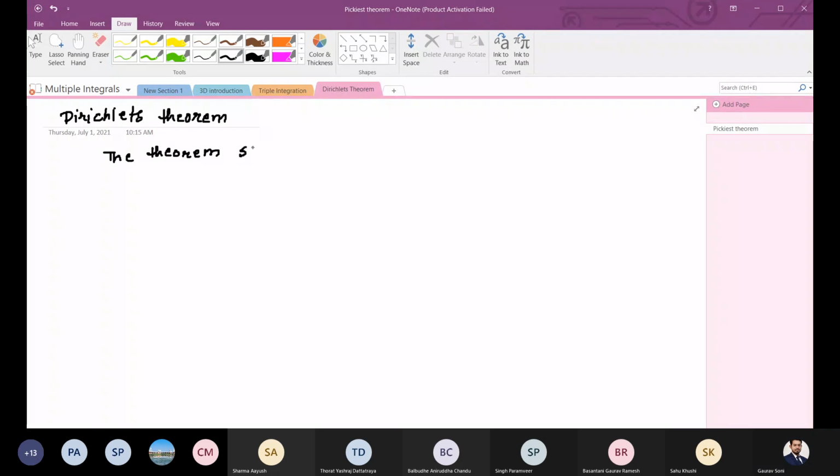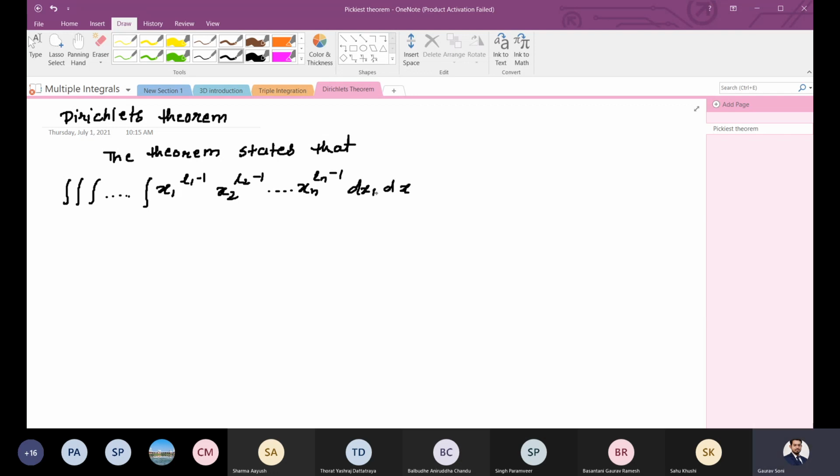The theorem states that, dot dot dot, we have x1 raised to L1 minus 1, x2 raised to L2 minus 1, dot dot till xn raised to Ln minus 1, dx1 dx2, actually dxn up to dx1.